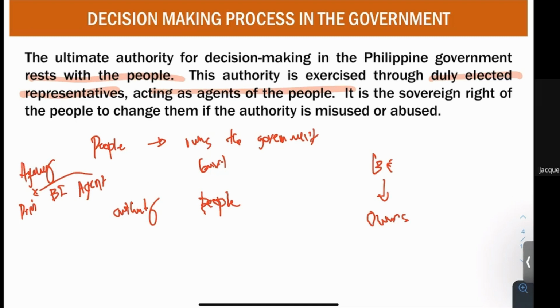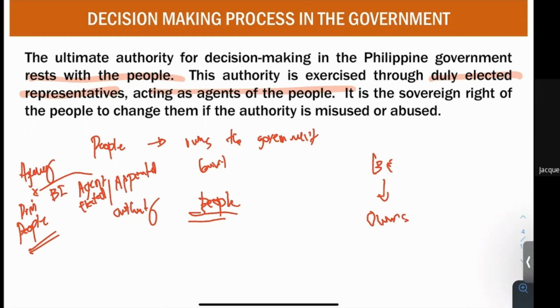Therefore, the principal being the people, the agent is those elected or appointed. They must act for the best interest of the people. But ultimately, the decision of the agent is the decision of the people. So, in short, who makes the decision making? It is actually the people. But it is only delegated to your agents or to those who head a particular department or agency or who is appointed in the government.